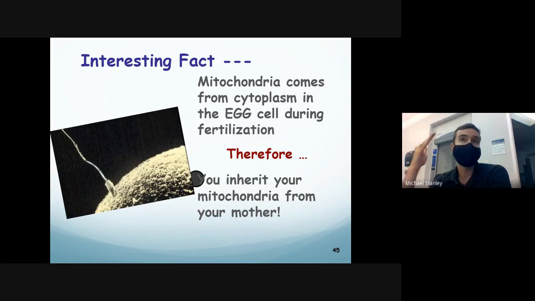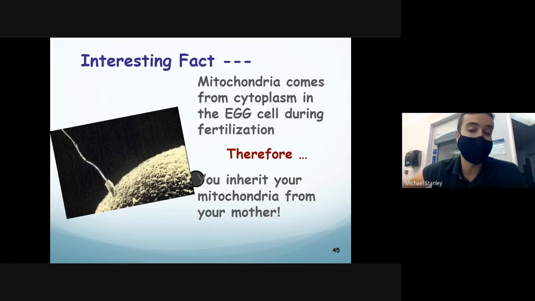So every single person has a direct line to their mom's mitochondria in their cells. That means your mitochondria are more or less the exact same as your mom's mitochondria, which are the same as your grandma's, which are the same as your great-grandma's, which are the same as your great-great-grandma's, and so on and so forth back in history.